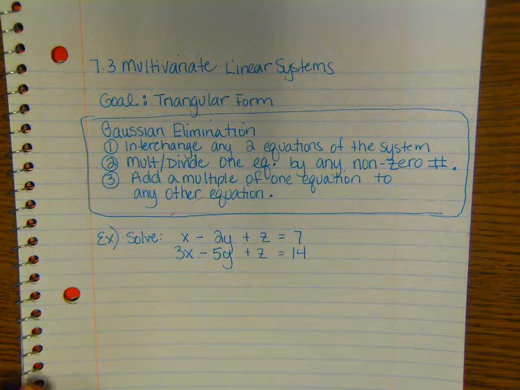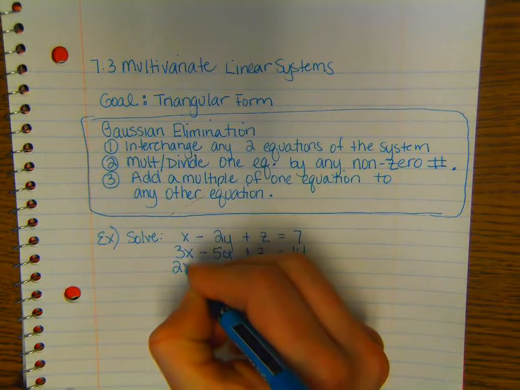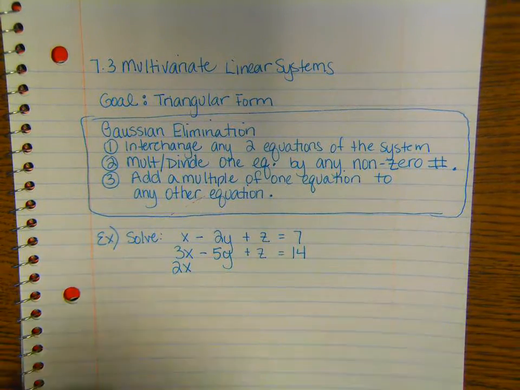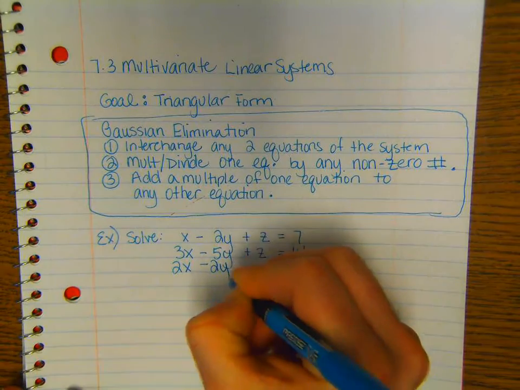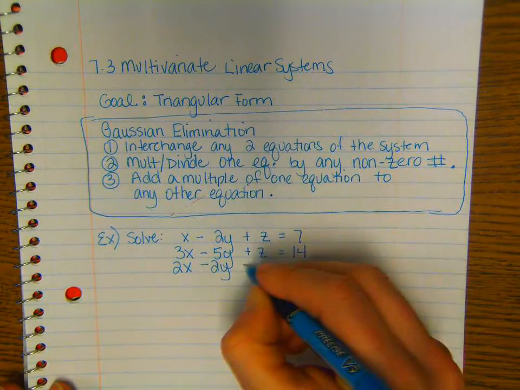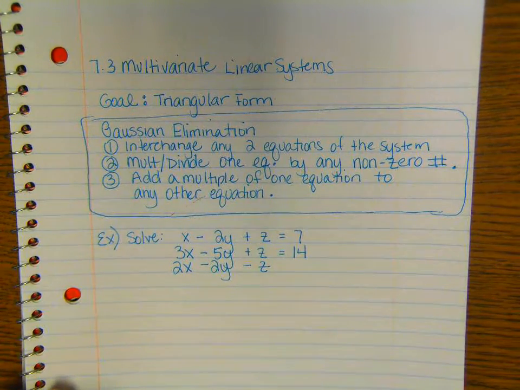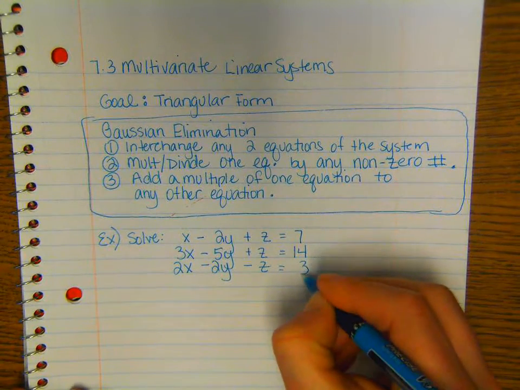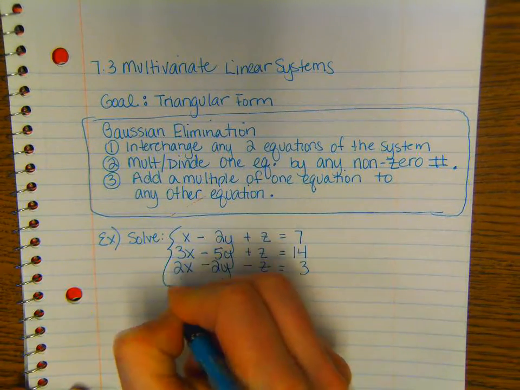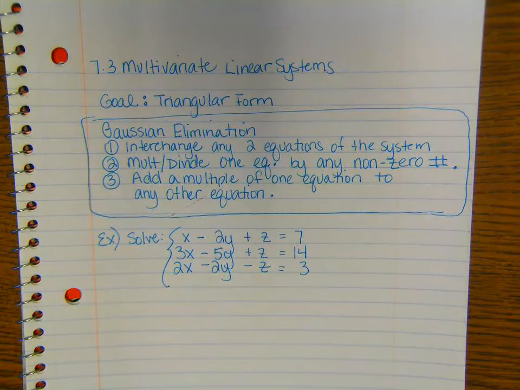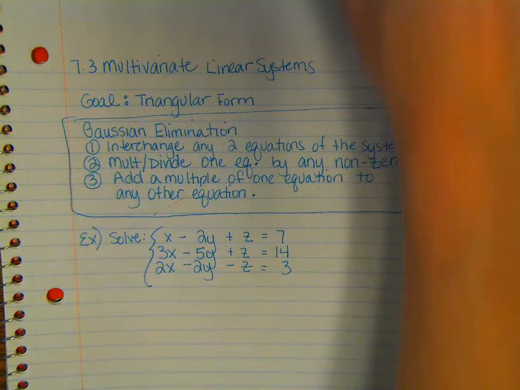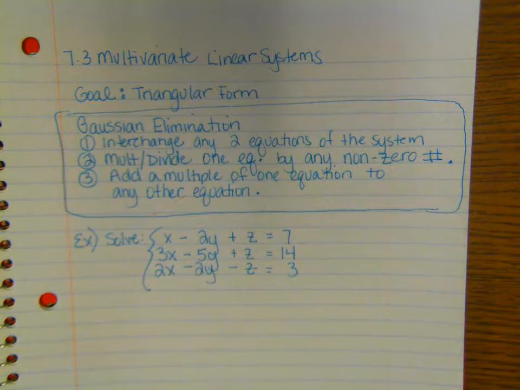And third row, 2x minus 2y minus z equals 3. Okay, so now you're thinking, shoot, that isn't quite so easy, is it?